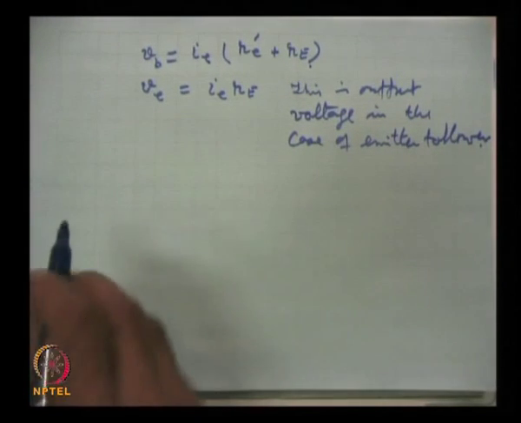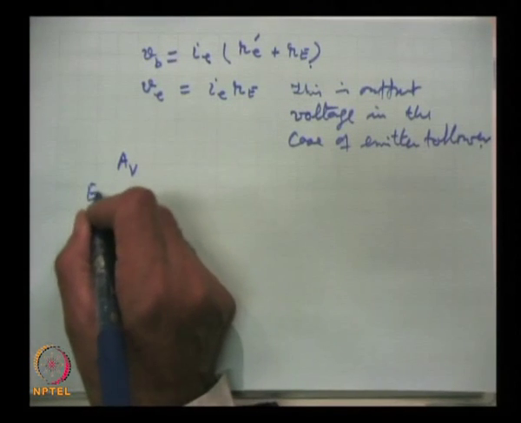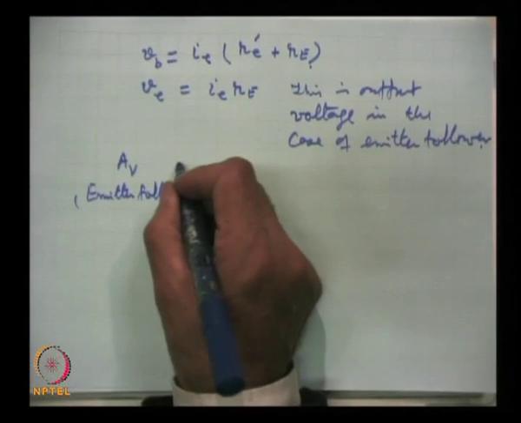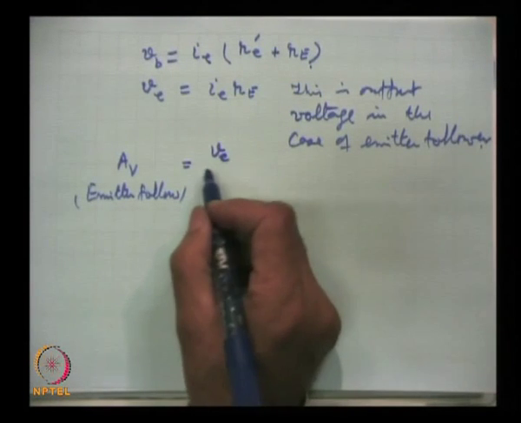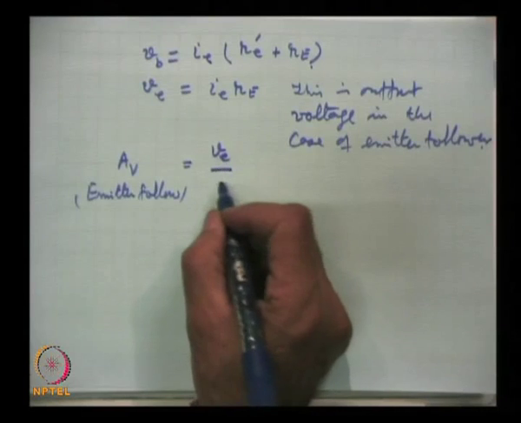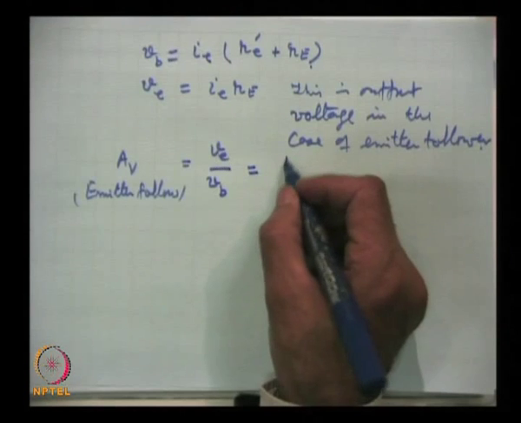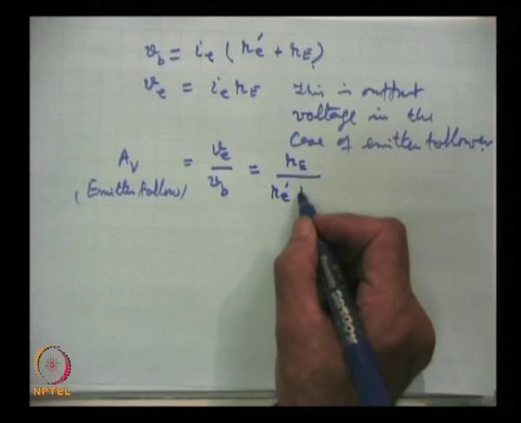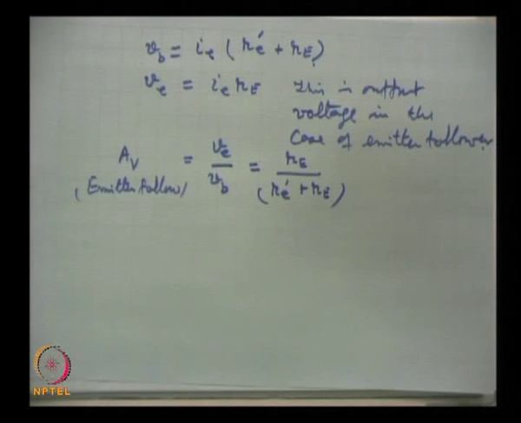So, the voltage gain for the emitter follower is simply V E, the output voltage, divided by the input voltage V B. We divide the two and we get R E over R E prime plus R E. What does it say?